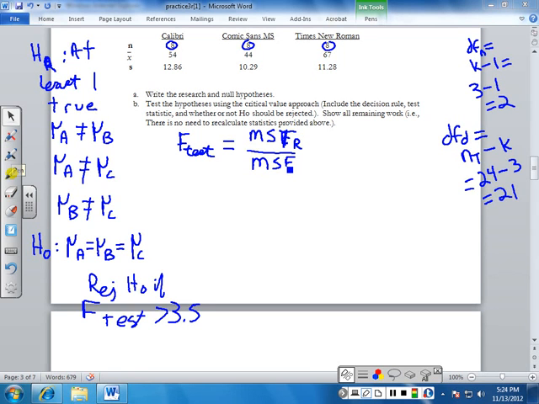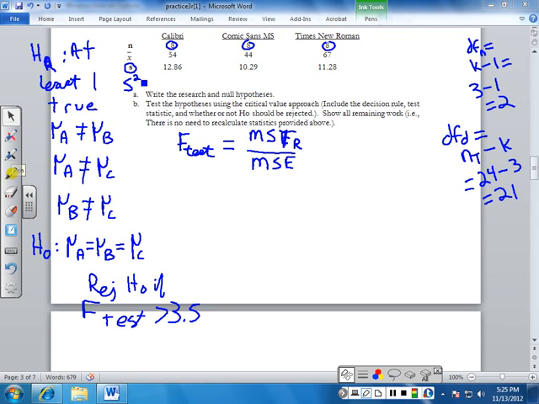You have your formula sheets. If you don't, that's okay. But if you did, that would be kind of handy for you to have. MSE is equal to the average of the 3 variances. So the first thing I'm going to do is take these 3 standard deviations and square them. I'm going to get S squared A, S squared B, and S squared C, and then take the average of those.